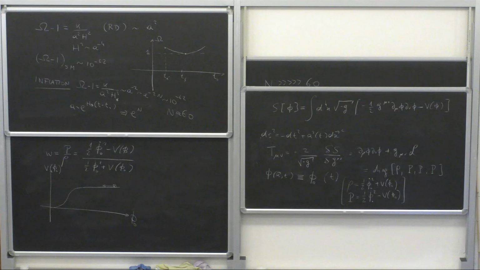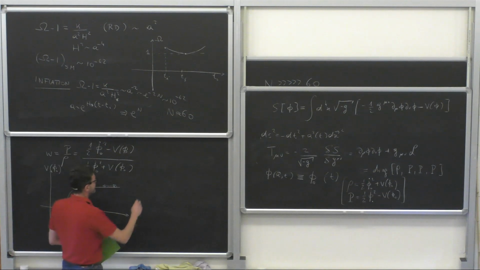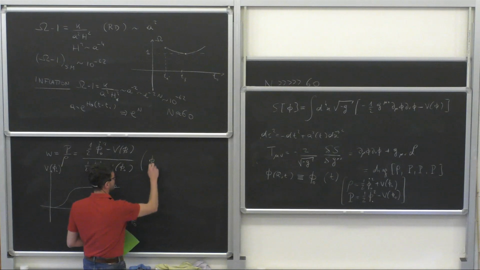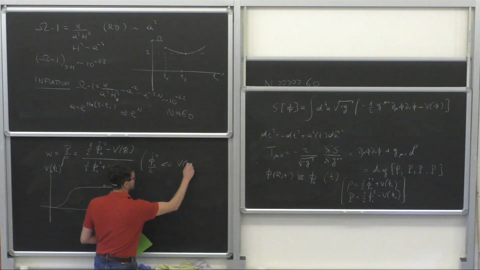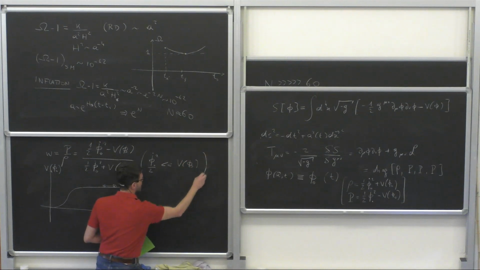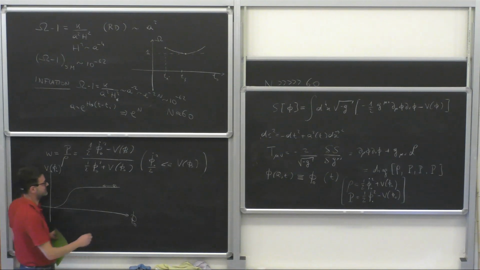And let's suppose for the time being that I can neglect the kinetic energy, because of course this guy is moving very, very slowly because this is a plateau. So in this case, I do the approximation that phi dot 0 square divided by 2 is much smaller than V of phi 0, because I impose the potential to satisfy this condition, and I will quantify a little bit later what that means.